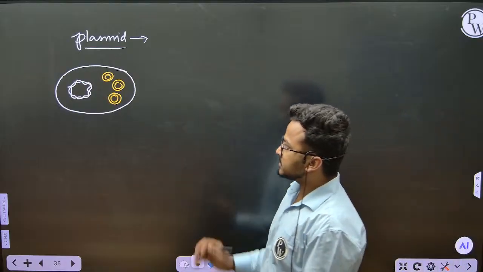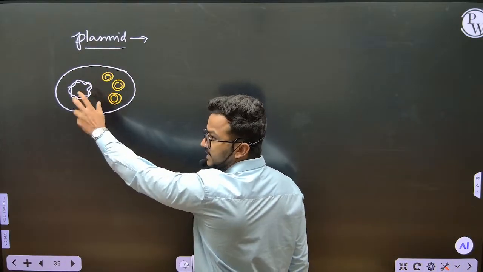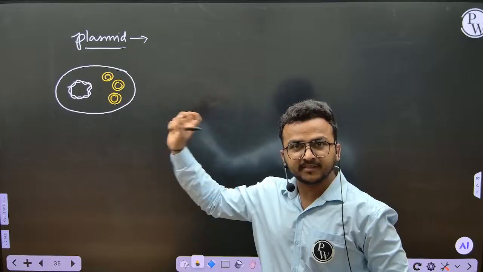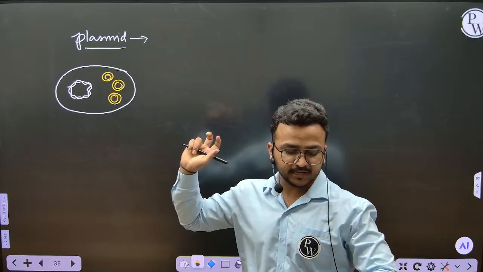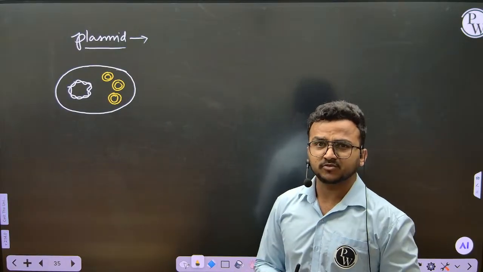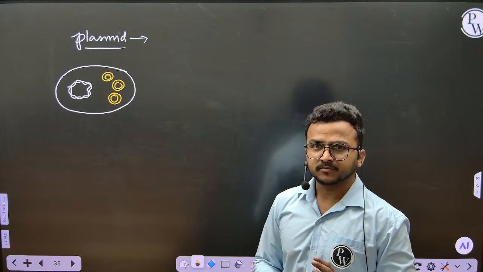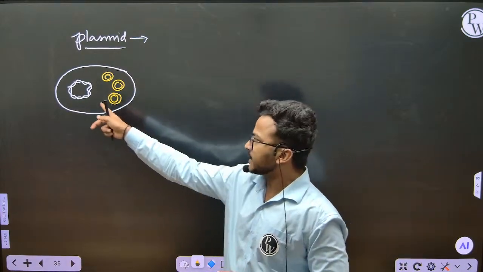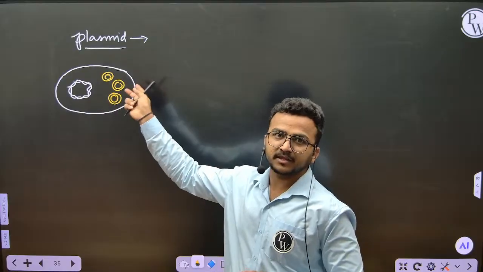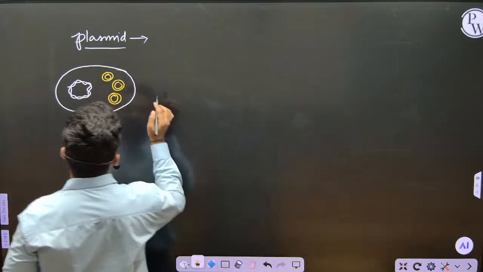So extra chromosomal means what? The main genetic material is there already. The main genetic material is nothing but the main chromosome. The main DNA is there in this bacteria. But apart from this, these are extra chromosomal.